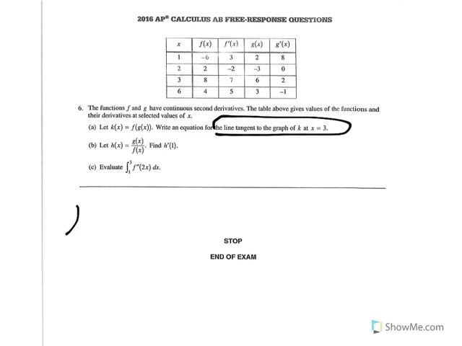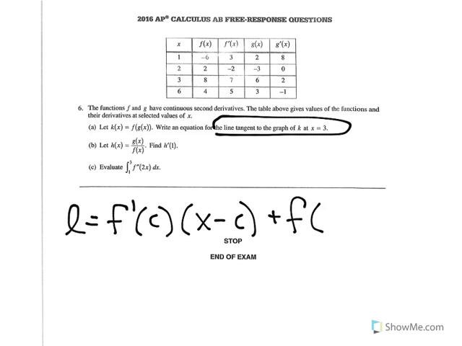So formula for a tangent line, L equals f prime of c times x minus c plus f of c. Now here's where the stuff gets a little tricky. We know what the c is. The c is 3. So already I could fill in the 3 there, but we have to translate what we're looking to graph compared to the information I have down there.